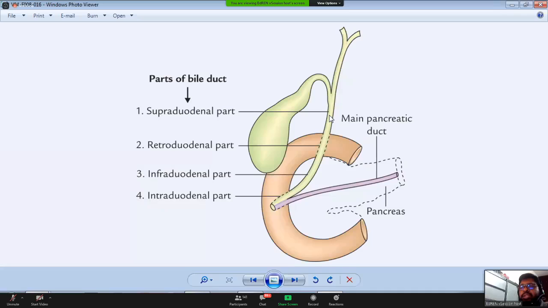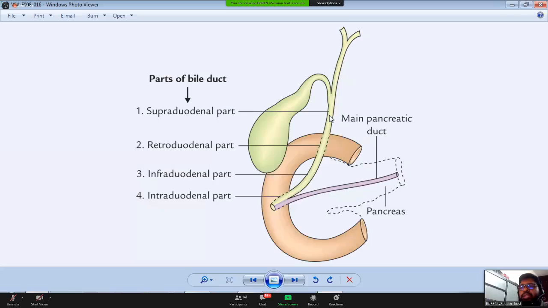So this is called the intraduodenal part, right? So there are four parts altogether: supraduodenal, retroduodenal, infraduodenal, and intraduodenal, and it is also called the intramural part.